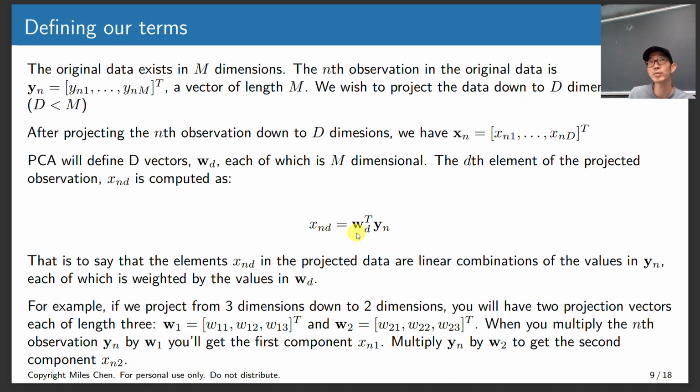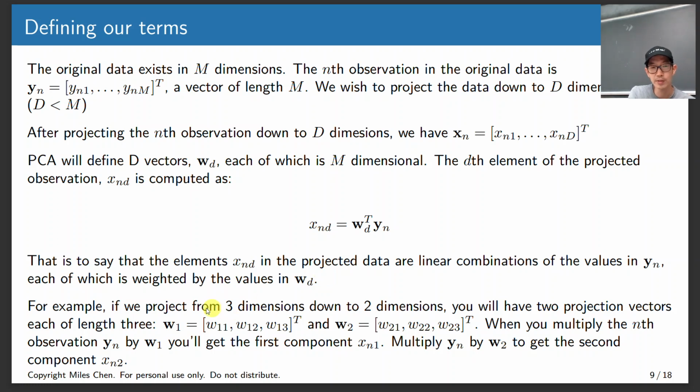W is going to be a 3 by 2 matrix so that whenever you multiply y and W, you do W transpose y, and you get linear combinations of the 3 variables in y. You have 2 recipes, one for each column in x.